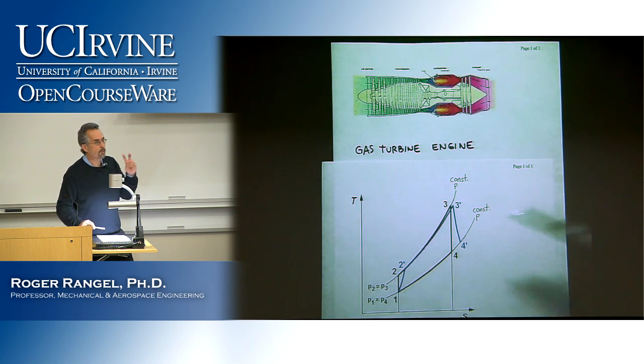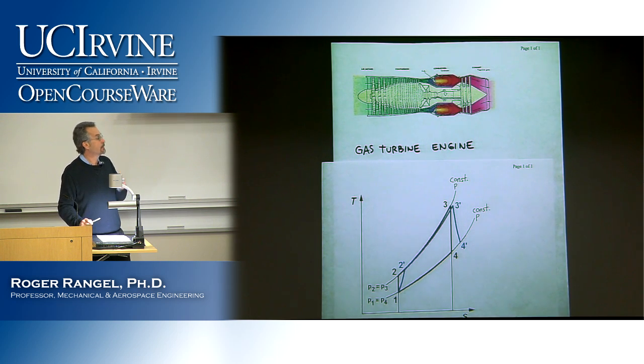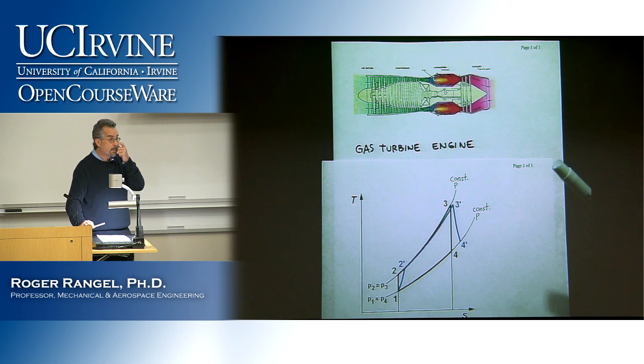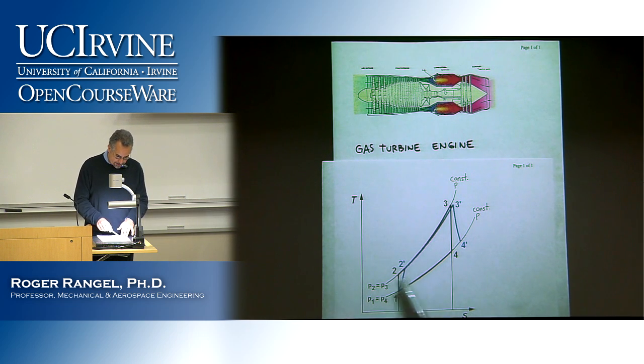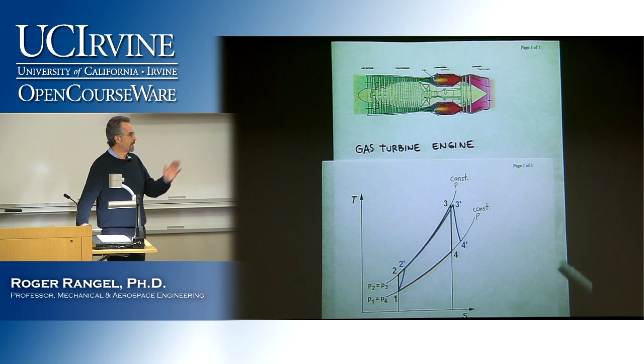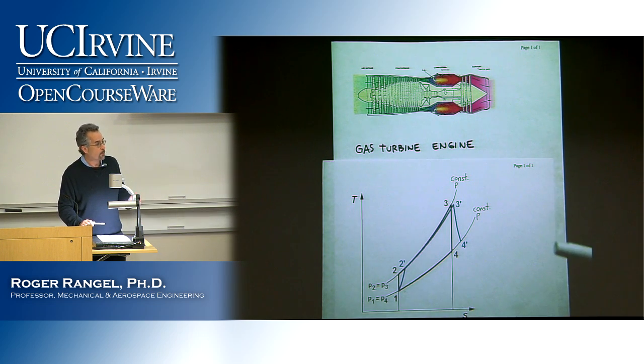So 1 to 2 is what we call the ideal process, whereas 1 to 2 prime is more of the real process. Then 2 to 3 would be in the combustion chamber. Whether it is from 2 to 3 or from 2 prime to 3 prime, that's the difference between ideal and real. But that process would be during the combustion process.